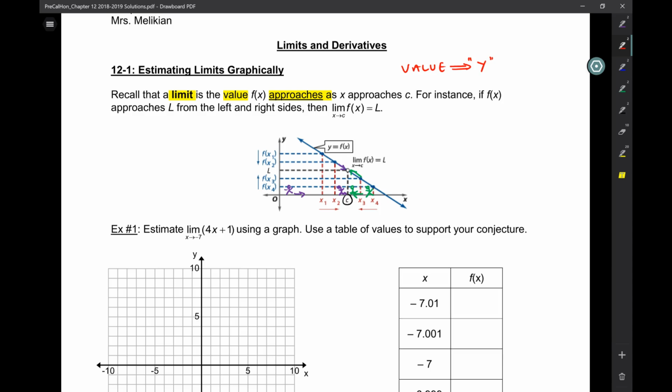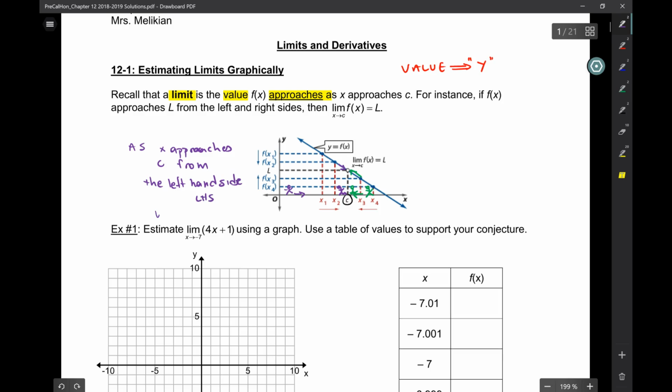Okay? So, as X approaches C from the left-hand side, can I abbreviate left-hand side from now on as LHS?